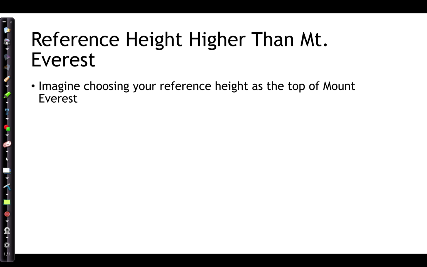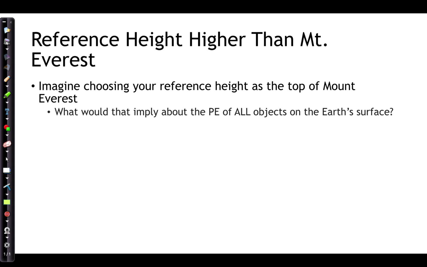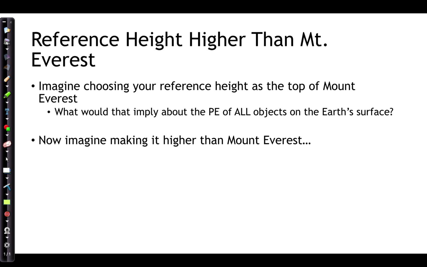So the choice of h equals 0 doesn't matter in that regard. If you chose h equals 0 at the top of Mount Everest, everything would have negative potential energy on the Earth. So I kind of asked my question already. Okay, they'd all be negative.